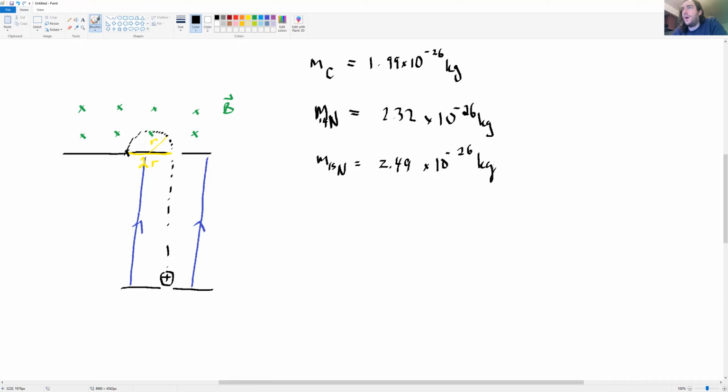Okay, so question for you guys. Do you expect the nitrogen atoms or isotopes to have a larger circular motion or a smaller circular motion? So we've written the masses down here, so we can see which one's heavier, which one's lighter, right? Maybe I could write the 12 here. This is the mass of carbon 12. Do we expect the heavier isotopes to have a larger or a smaller radius for their circular motion?